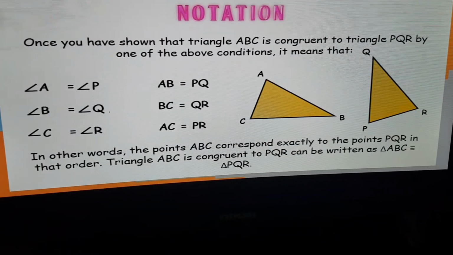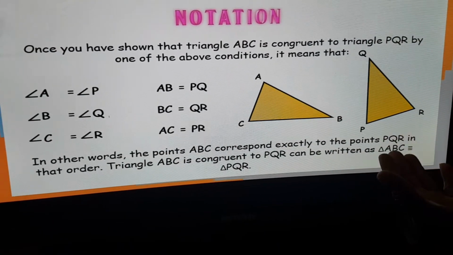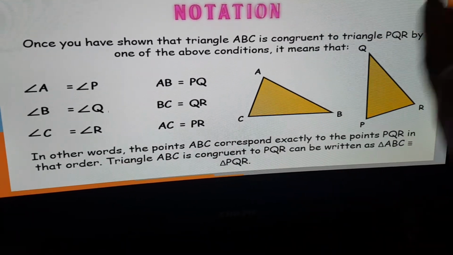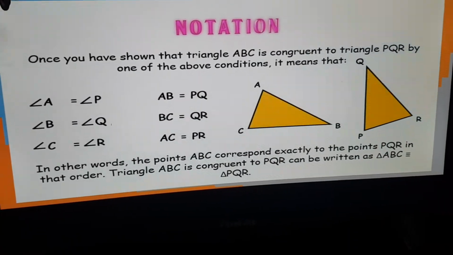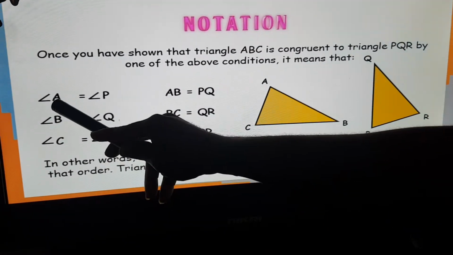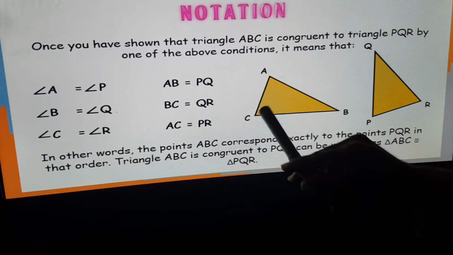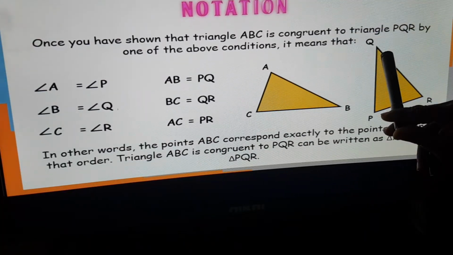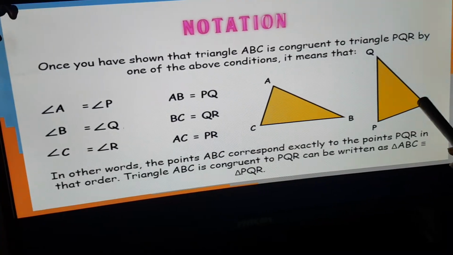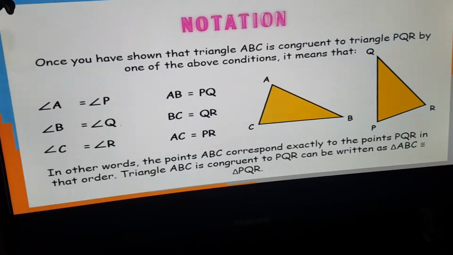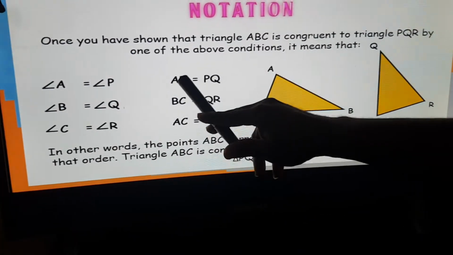So when next you come across two triangles, ABC and PQR, for them to be congruent, all corresponding angles must be equal. As you can see, angle A is equal to angle P, angle B is equal to angle Q, and angle C is equal to angle R. All three corresponding angles must be equal, and all three sides must be equal.